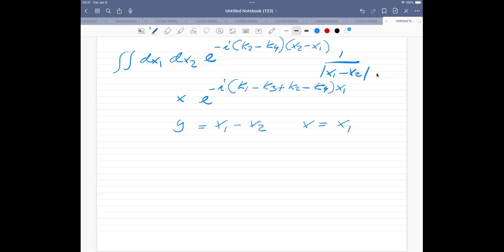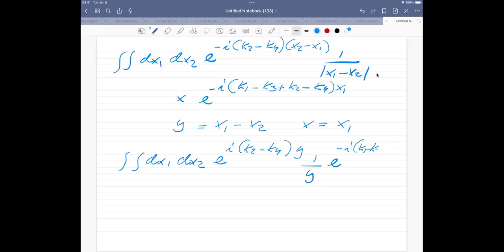That is going to give me an integral which looks like dx1 dx2 here, with e to the i K2 minus K4 times y, and 1 divided by y, and then e to the minus i times K1 minus K3.